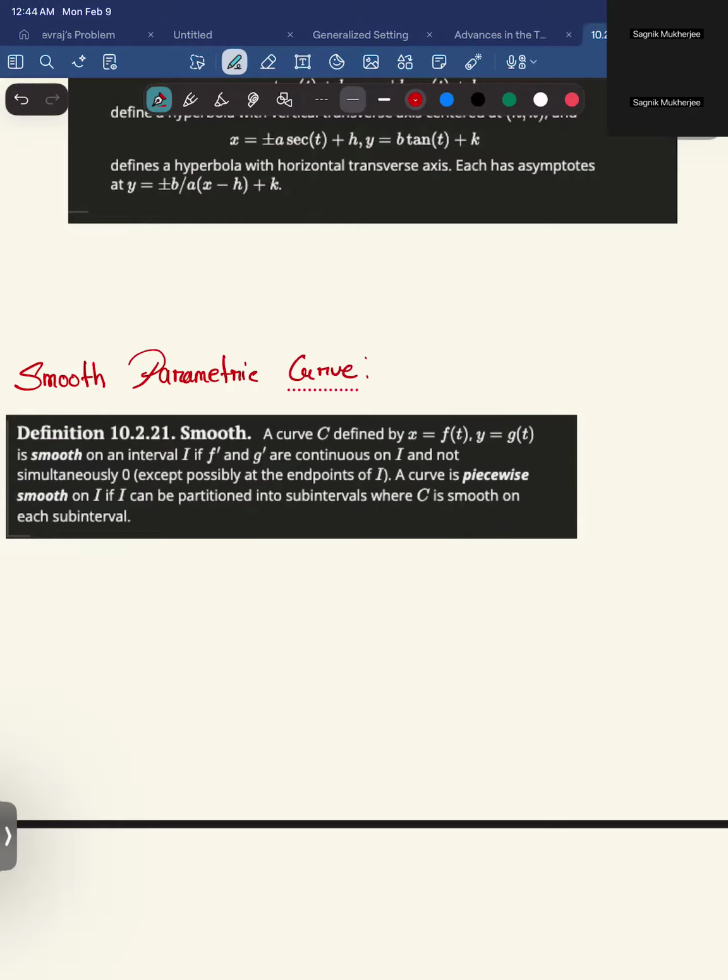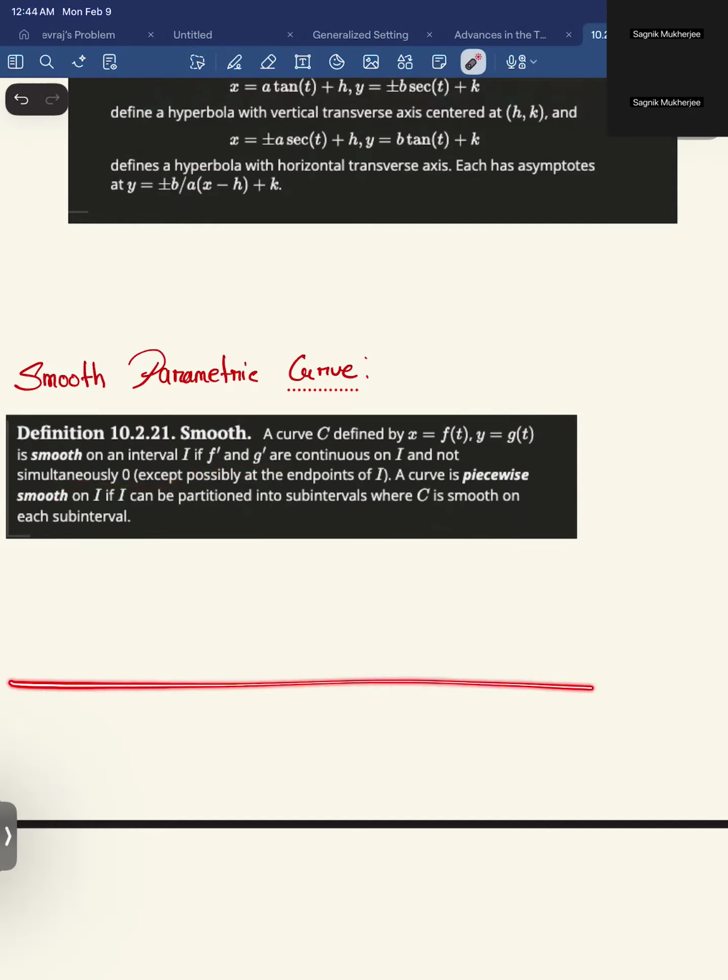A parametric curve given by f(t) and g(t) is smooth if both f prime and g prime are continuous and not simultaneously zero. And it is called piecewise smooth if you can partition. So for example, a smooth parametric curve would just look like this, like you can draw it without any such jumps and things like that.